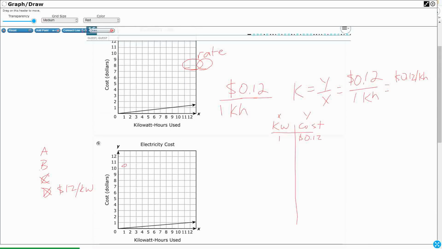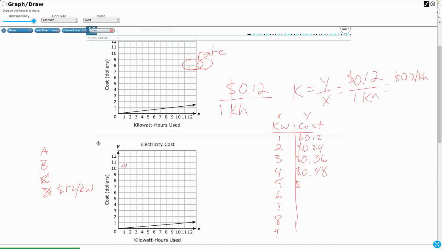Let's put some more values, and I'm just going to count by 12s. 24 cents, then 36 cents, 48 cents.